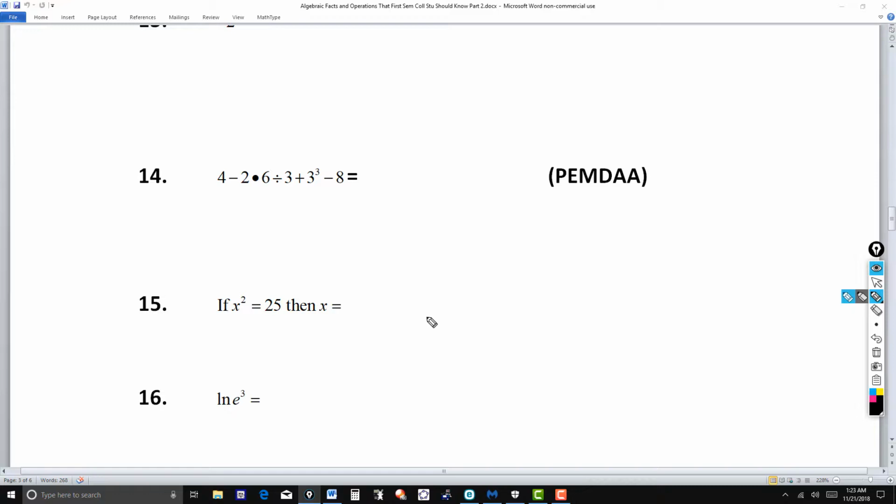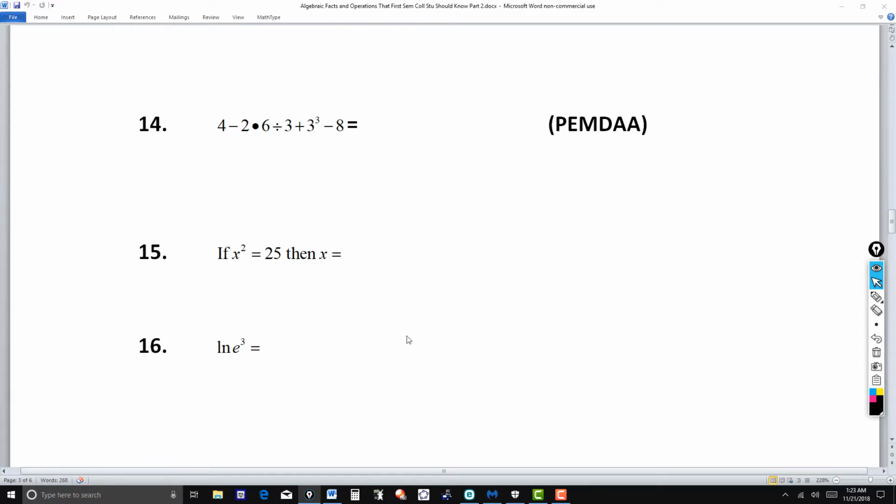Okay, that should be enough time for you. 5 squared, you say, is 25, so x can be 5. But negative 5 quantity squared is also 25. So this one has two answers. X can be 5 or negative 5. Okay. Cancel this. Go to the next one.